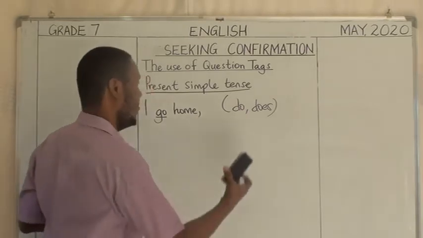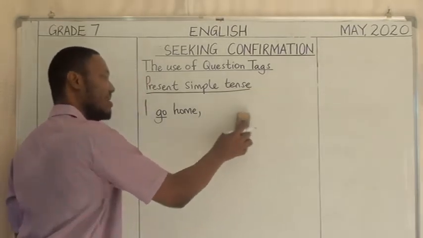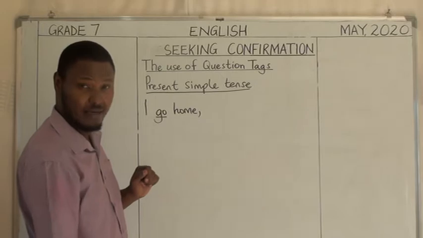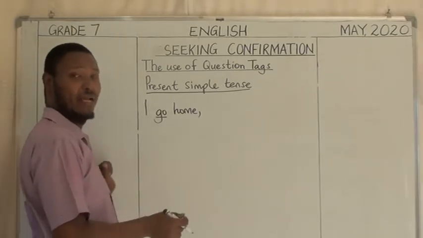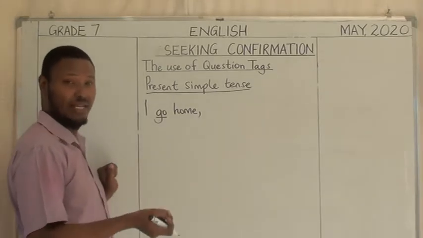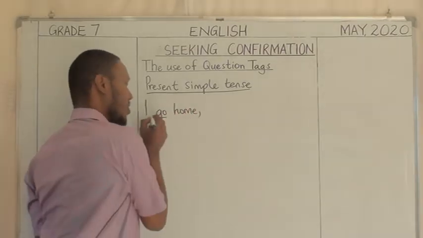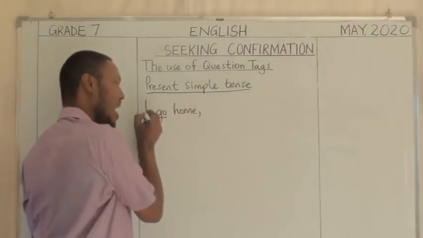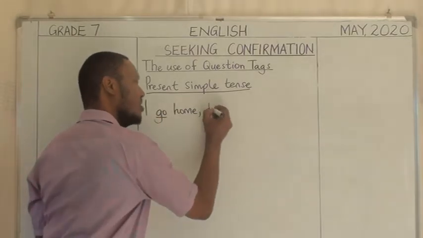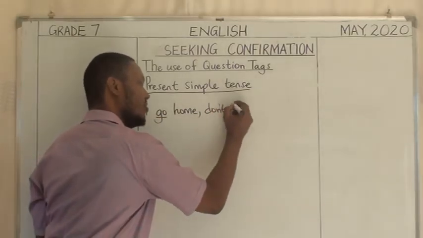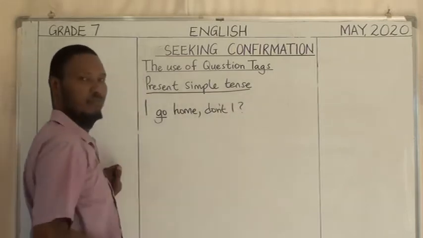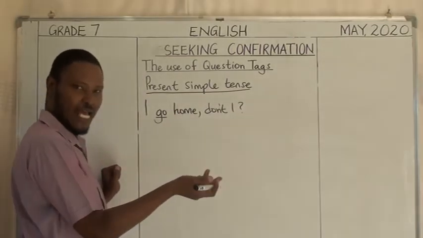We said a positive statement takes a negative question tag, and a negative statement takes a positive question tag. Because we are using the form of do here, the question tag is: I go home, don't I?